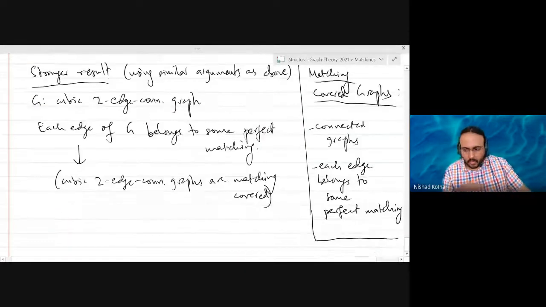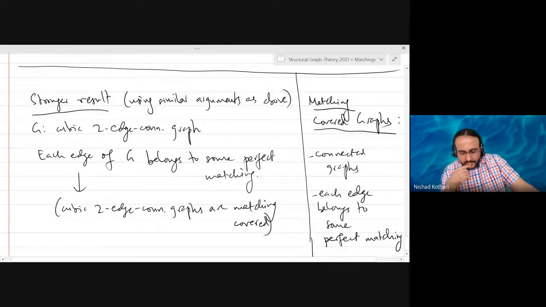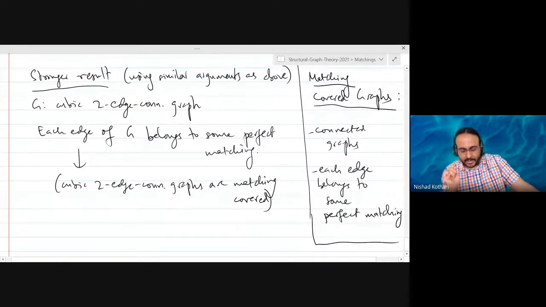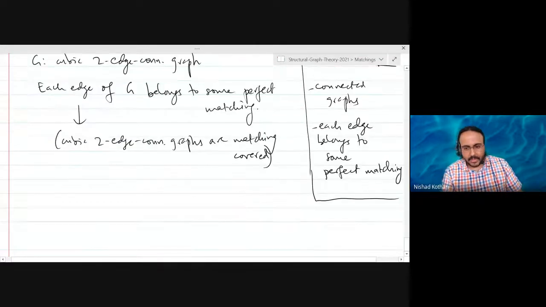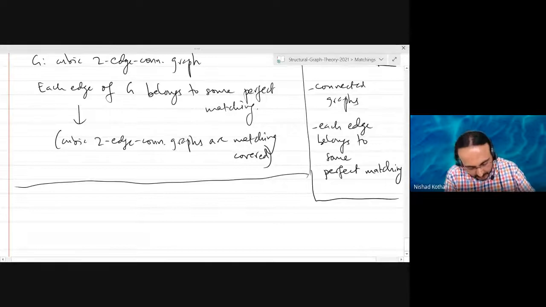One of the questions that was asked is whether there is a bound or some result about the number of barriers in a graph. I don't know the answer to that, but there is some interesting theory about barriers for matching covered graphs. In matching covered graphs, you can look at the maximal barriers and they form a partition of the vertex set. This partition is very useful in results in matching theory.